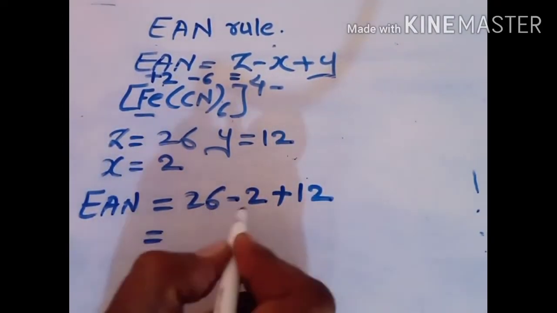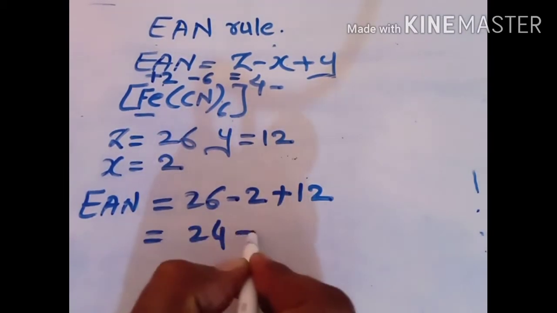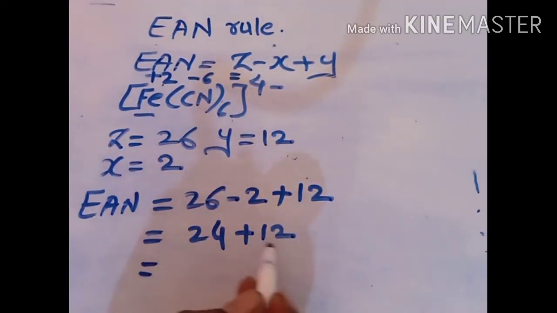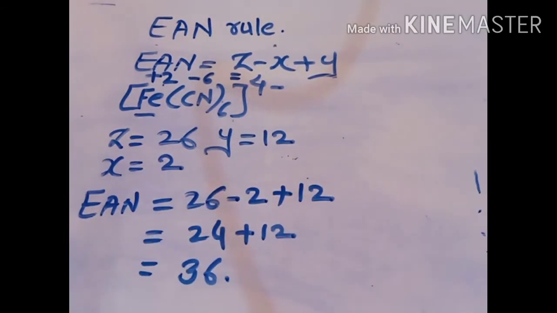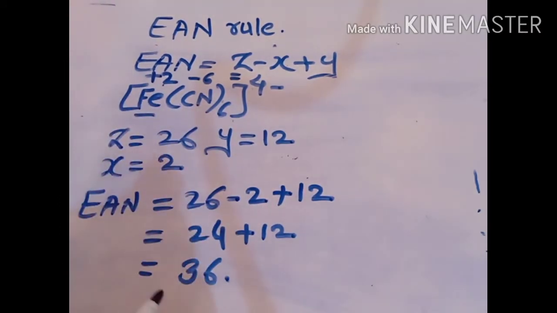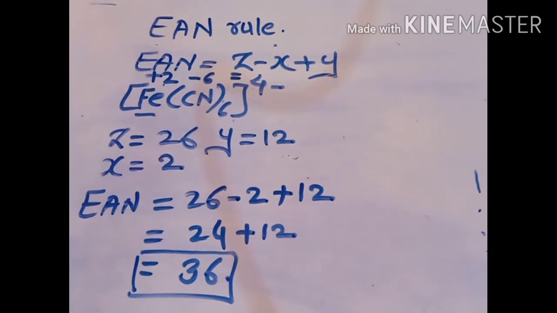Now calculate: 26 minus 2 is 24, plus 12, that is equal to 36. It also achieves the nearest noble gas electron configuration, that is krypton. That's why this complex also obeyed the EAN rule. Its effective atomic number is 36.